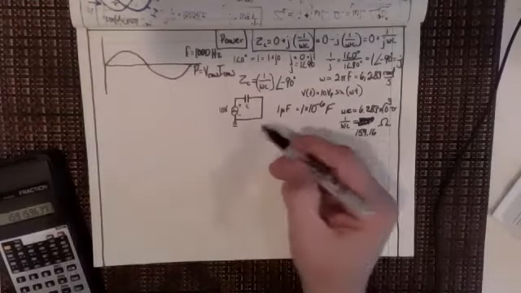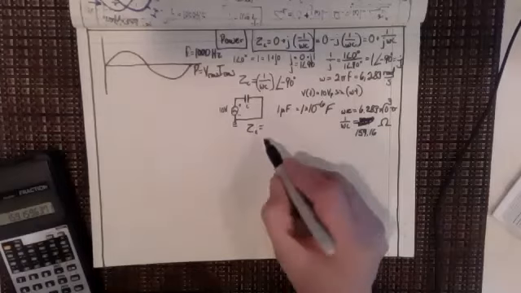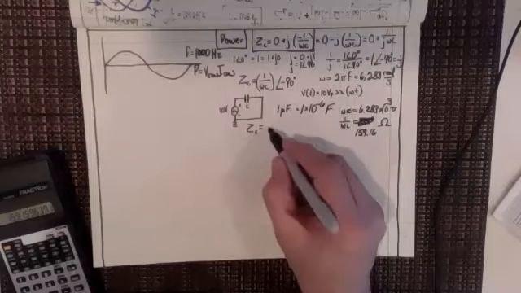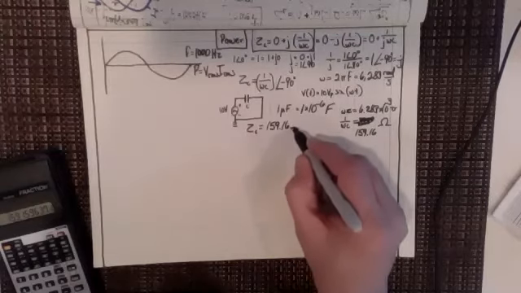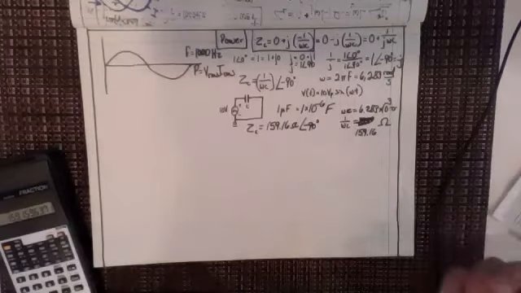So we've now got Z, and we can actually write Z sub c down. Z sub c is going to be, I can write it in several different ways, 159.16 ohms at an angle of minus 90 degrees, right?